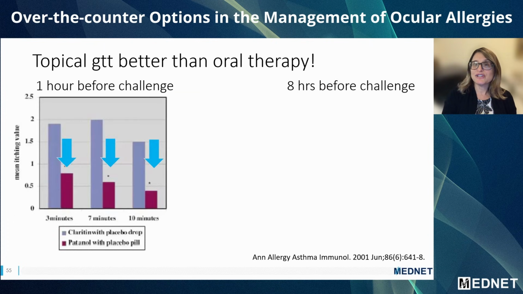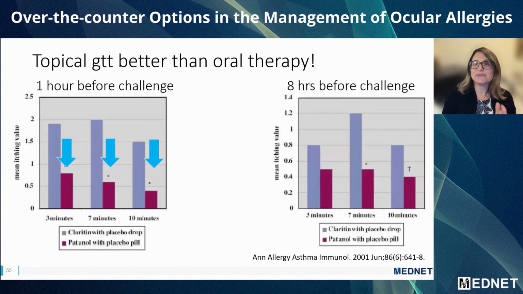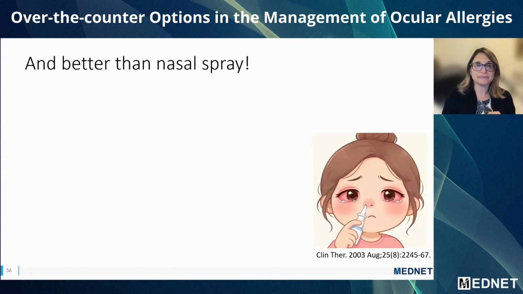And there were two different ways that they tested. One, they gave the therapy an hour before the challenge, and in another one, it was 8 hours before the challenge. And in both cases, the Patanol with the placebo pill did better than the oral medication with a placebo drop, suggesting that for topical issues, for allergic conjunctivitis, a topical solution is better than an oral one.